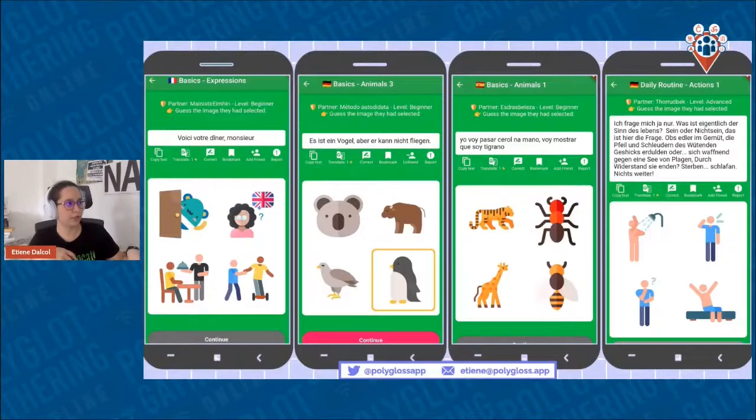For the first one, as I said, people have lots of freedom to write whatever they want, right? So sentences can be very simple. They can use some simple expression like "here is," some very formal-like structures like "here is your dinner." Some people create trivia. They can say "it is a bird, but it can't fly," so it doesn't have, for example, the name of the object.